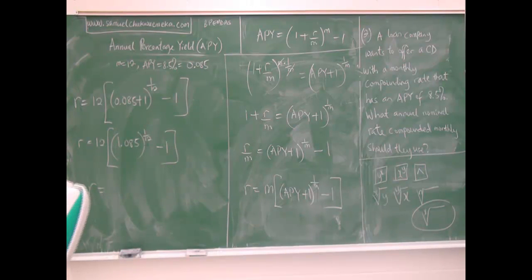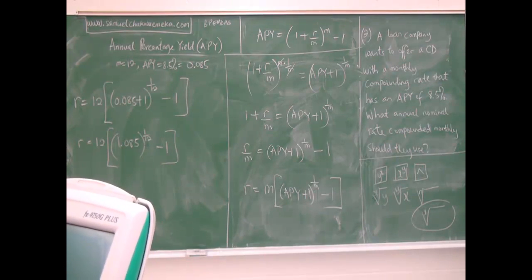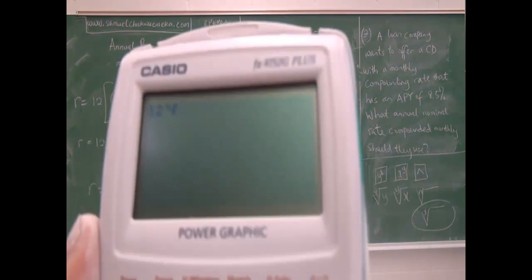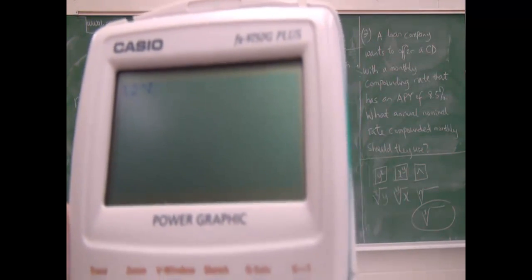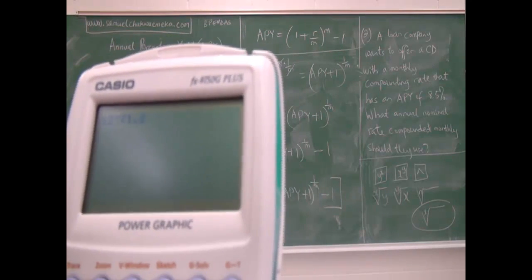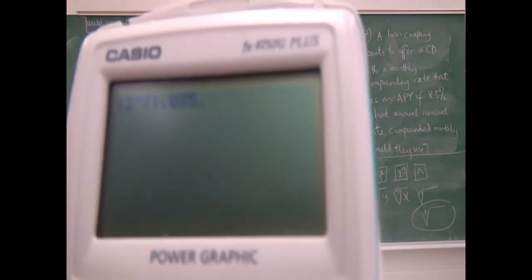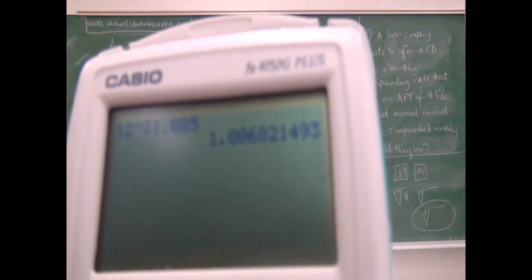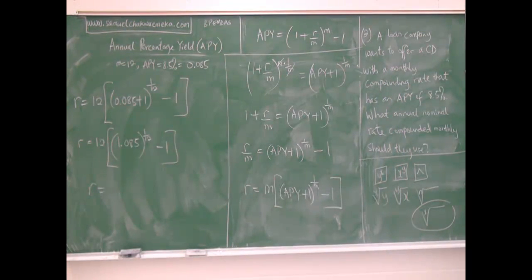I first of all press 12, then I press shift, and I press x root, then I press 1.085, and it gives me 1.006821493, right?